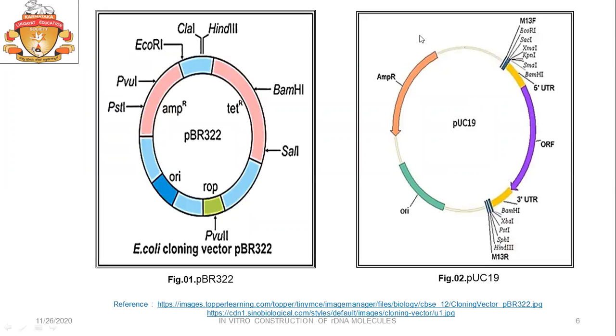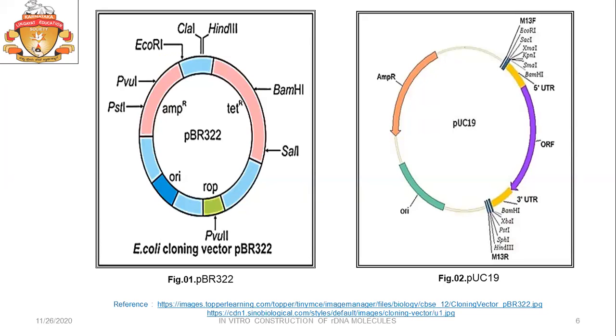You can see the image of pBR322. Coming to the nomenclature of this particular plasmid, p denotes plasmid and BR denotes the names of two scientists, Bolivar and Rodriguez. And the number 322 differentiates this particular plasmid from other plasmids.